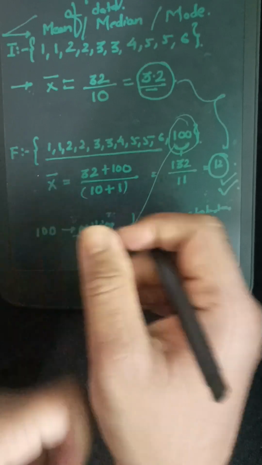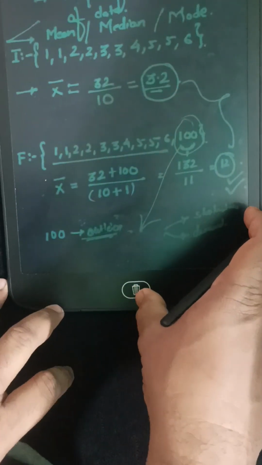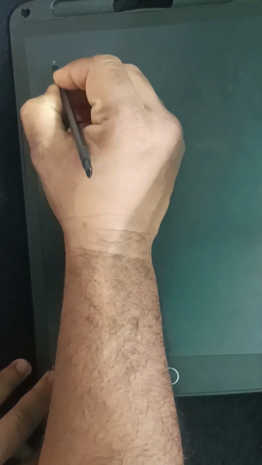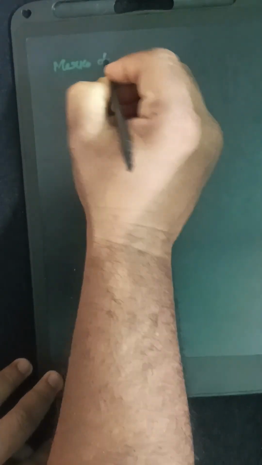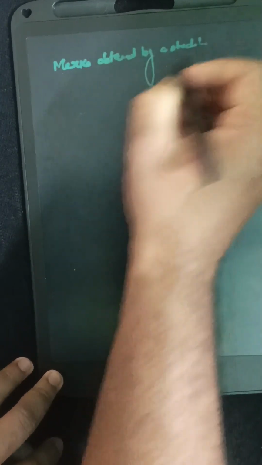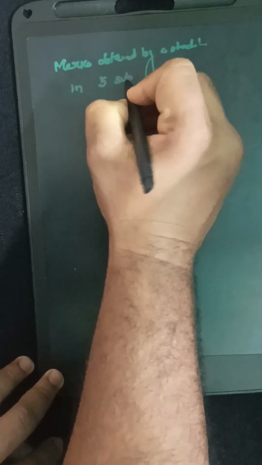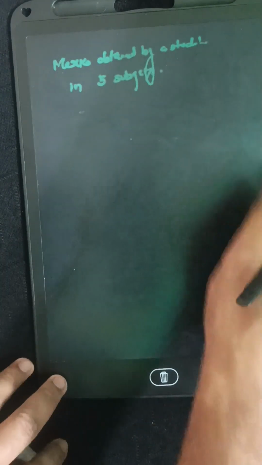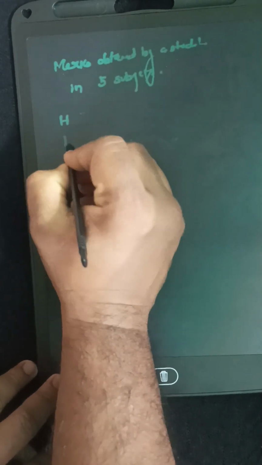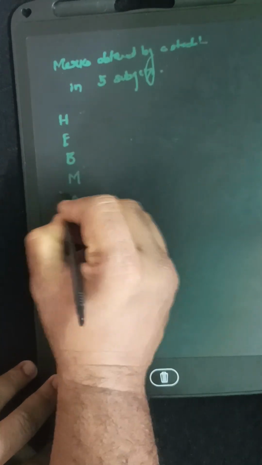Suppose we have a data set like marks obtained by a student in 5 subjects. We have Hindi, English, Bengali, mathematics and science, and we form a table.